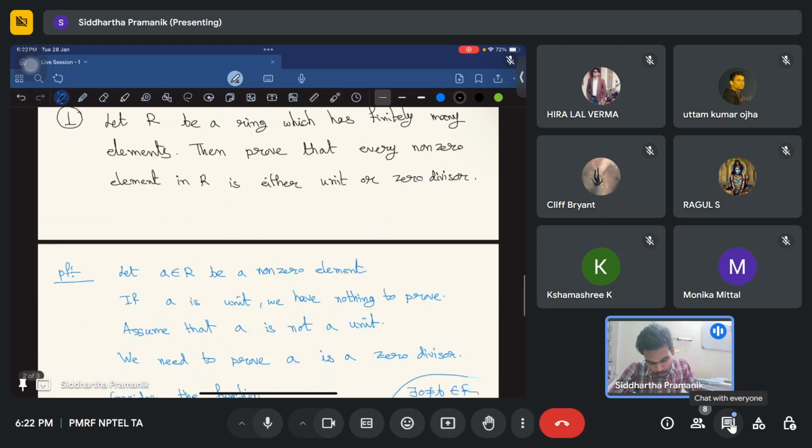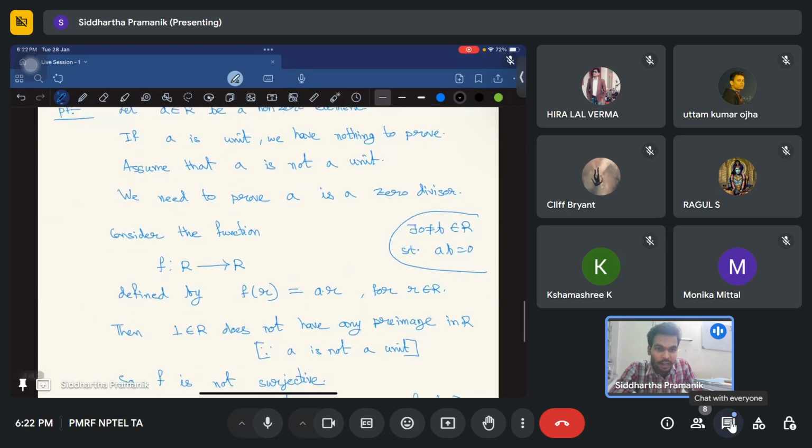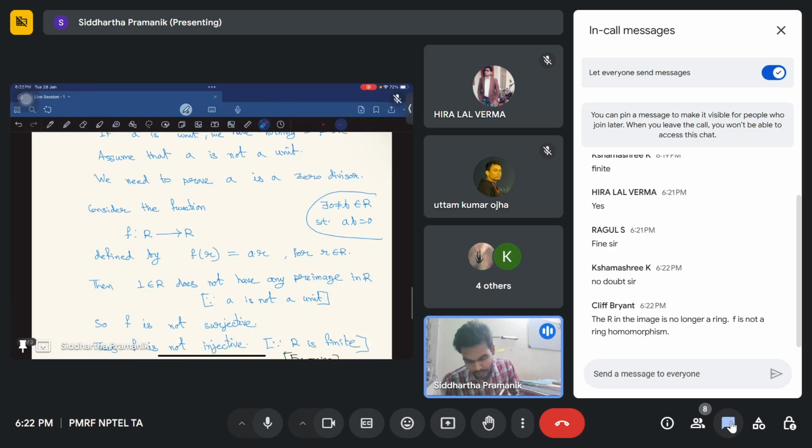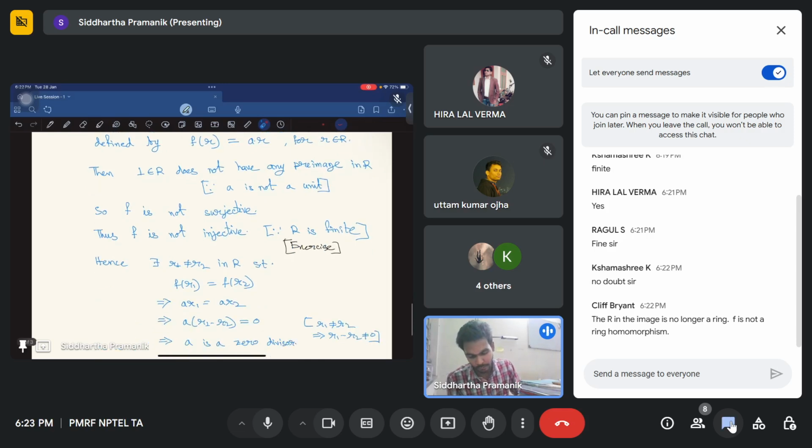So we are not using any fact from ring homomorphism. We are just using that this is a function. We don't need ring homomorphism here. This is a well-defined function, right? Because R is a ring, so A times r is also in the ring R. We have just used the fact that R is a finite set.